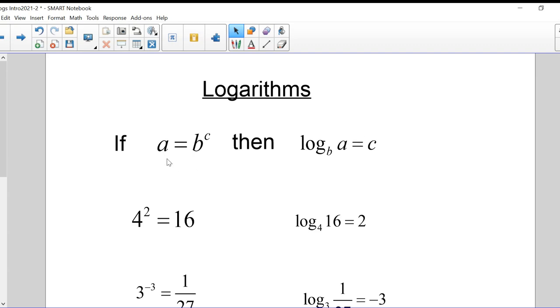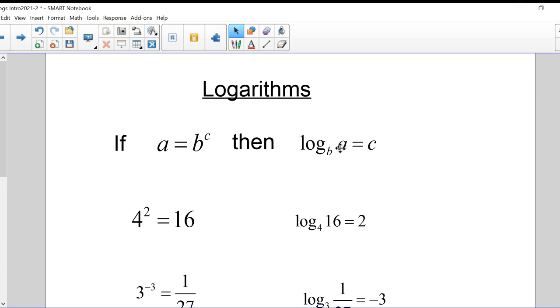So if a is equal to b to the power of c, so for instance, he was talking about y equals 2 to the power of x, then if you want to look at this in logarithmic terms, you would say log base b. Every log has a base, and that base corresponds to whatever the base is in the original function. The equation a equals b to the c has a base of b.